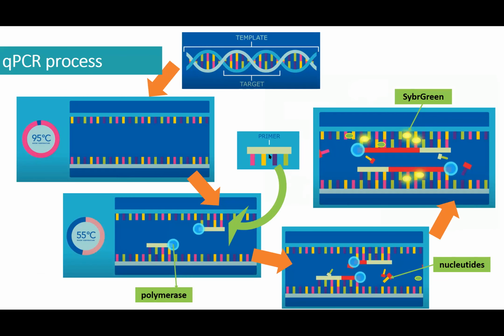So again, you have this in your slides in the video. I'm just gonna briefly mention that. So during the qPCR, you have, for example, this is your DNA template. This is the target piece that you are looking for and you want to quantify and amplify.